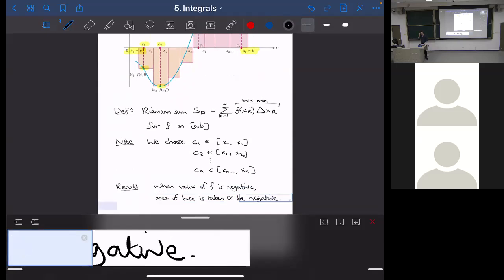And we saw why that made sense when we're calculating an area under a graph. It means that the area also lets us calculate an average value.